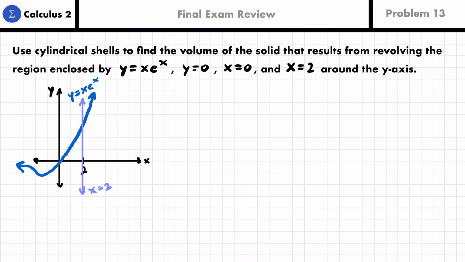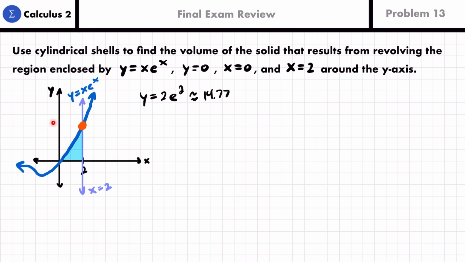Now, as you're going to quickly realize, this is not drawn to scale at all. This is a sketch of the region, which would be this little region right here. But what I mean by it not being drawn to scale is that if you were to look at the y value where x equals 2 intersects with this curve, you would plug 2 in for x in this equation, and you would get y equals 2 times e squared, which is approximately equal to 14.77.